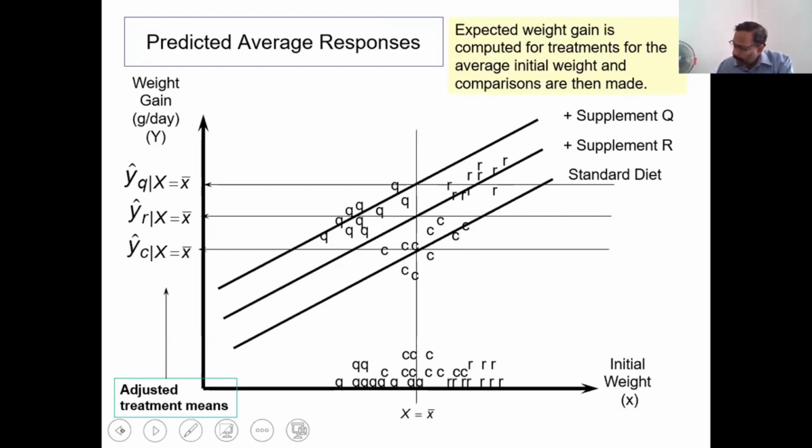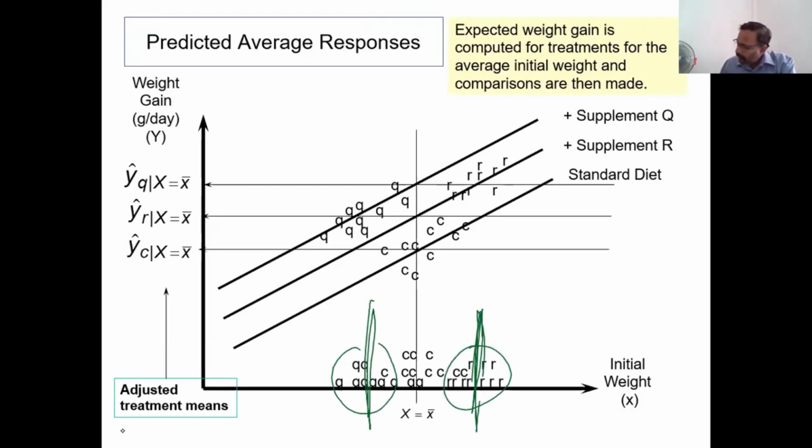The diet Q had the line somewhere there, and diet R, supplement R, had the line there. So what we have done is shift these two lines in one direction, towards the middle one, which means we are adjusting according to the standard diet. So the expected weight gain is computed for each treatment at the average initial weight, and the comparisons are then made.